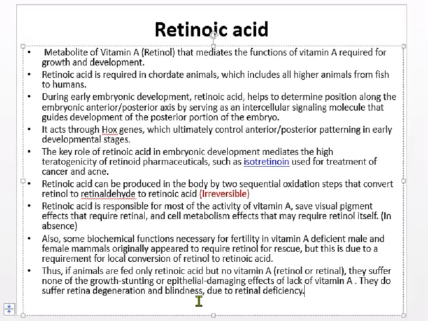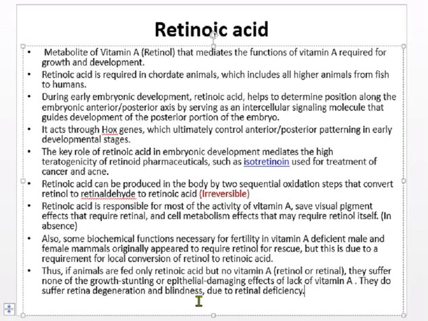Some biochemical functions necessary for fertility in vitamin A deficient males and females originally appeared to require retinal for the rescue, but it is due to the requirement of the local conversion of the retinol to retinoic acid.